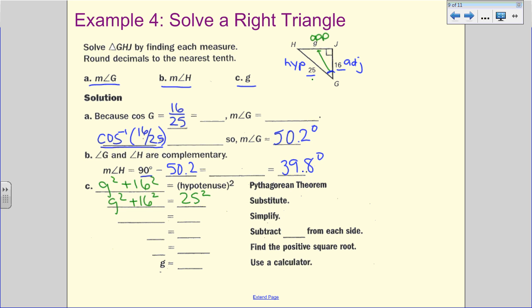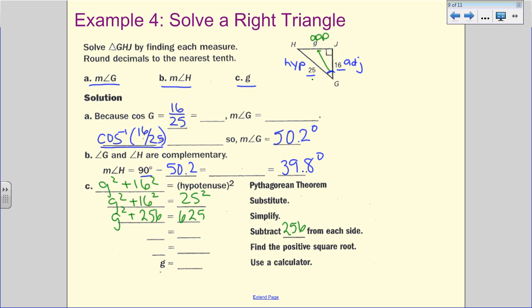G squared can't be simplified, but 16 squared can be. 16 squared's got to be like 256. Thank you. So 256 and then 625. You're going to subtract the 256 from each side. So the solving isn't any different whether we're just finding sides or finding sides and angles.